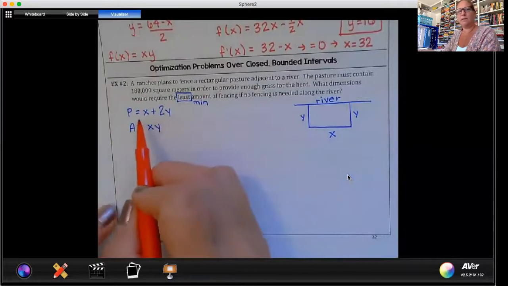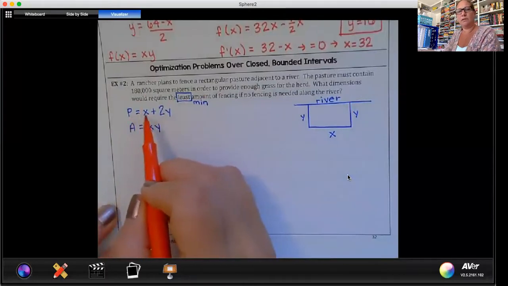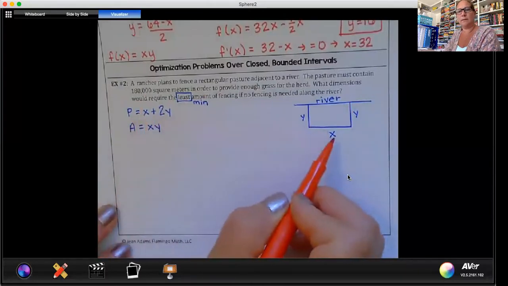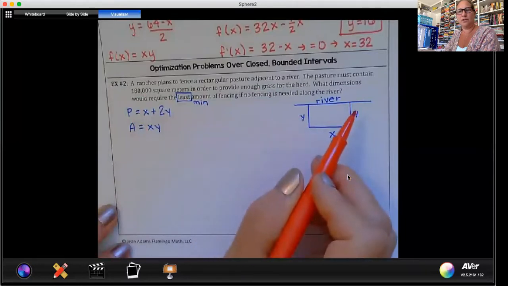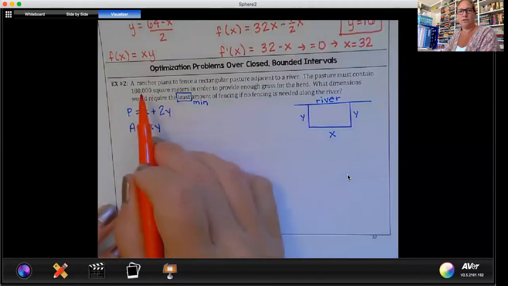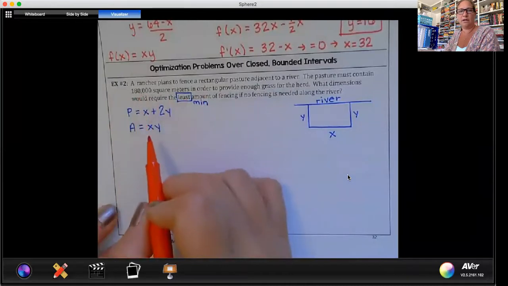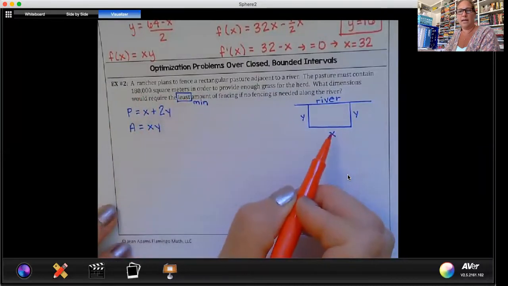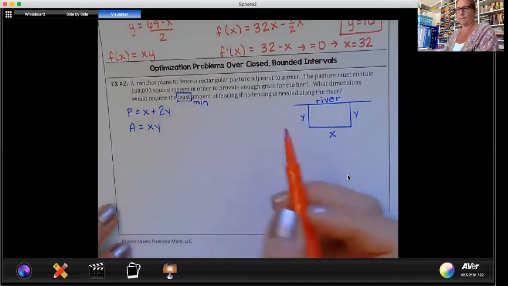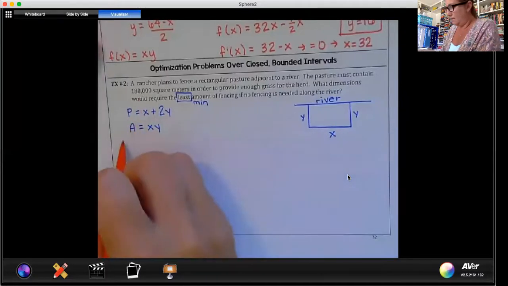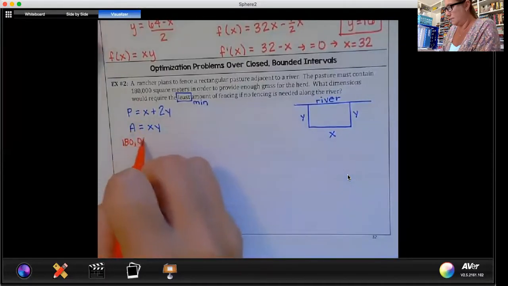So the formulas we're going to be looking for are perimeter, which equals x plus 2y. That's how much fencing you're going to require. You must use 180,000 of them, which is your area. So area is going to be x times y. So we're going to substitute that value, 180,000.